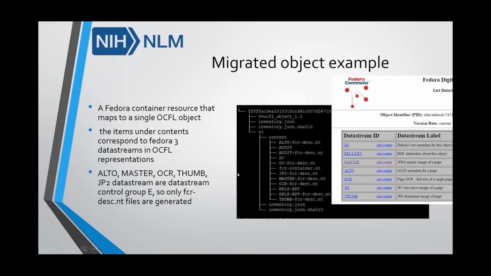And also for datastreams such as the OAIDC and the RELS-EXT, the XML files are in control group X, so they are migrated, so you can just view them in text.